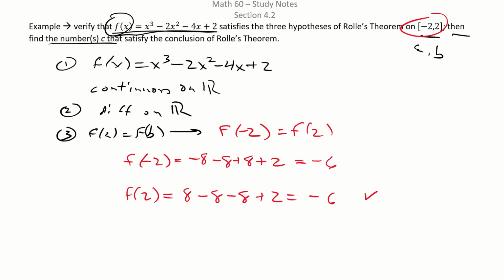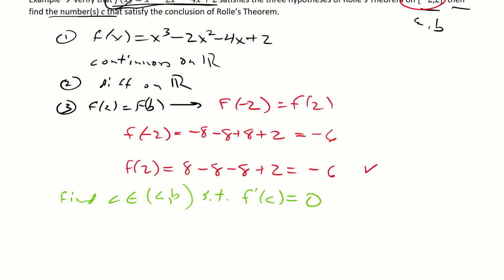So what we do, we have to find c in AB. Actually, it should be probably open interval. We don't want to include those guys, such that f prime of c is equal to 0. Okay, so we have to find the derivative.